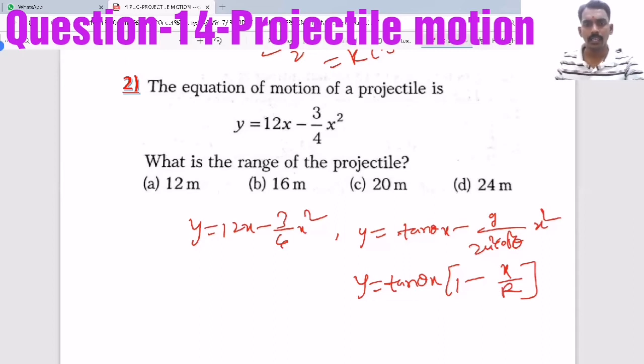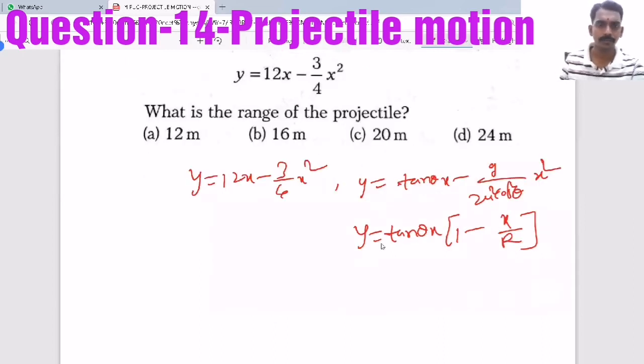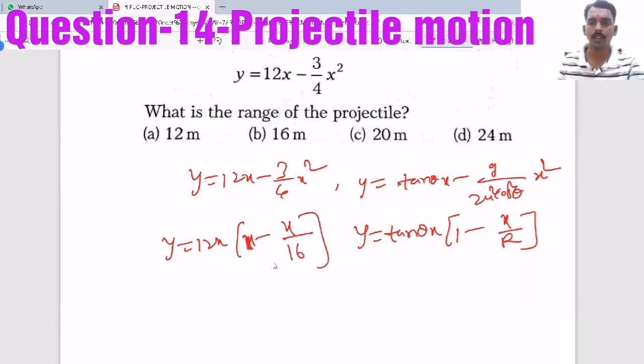And here also, if you compare with the general equation, y equal to 12x, if you take x common, what will it become? It is 1 minus x by 16. Now in place of x by r, what is there? 16.